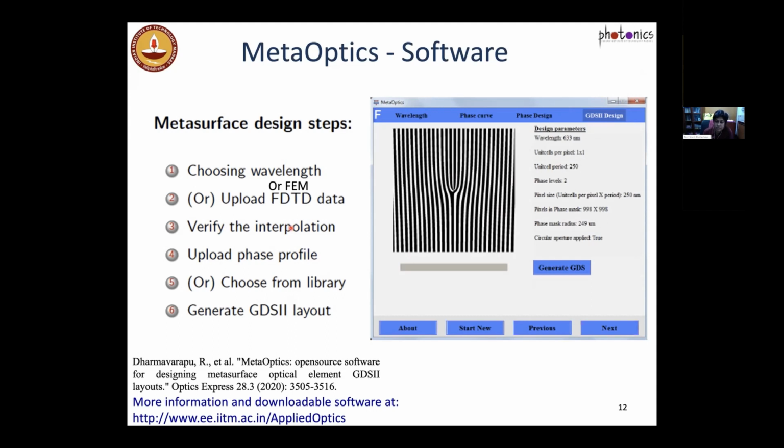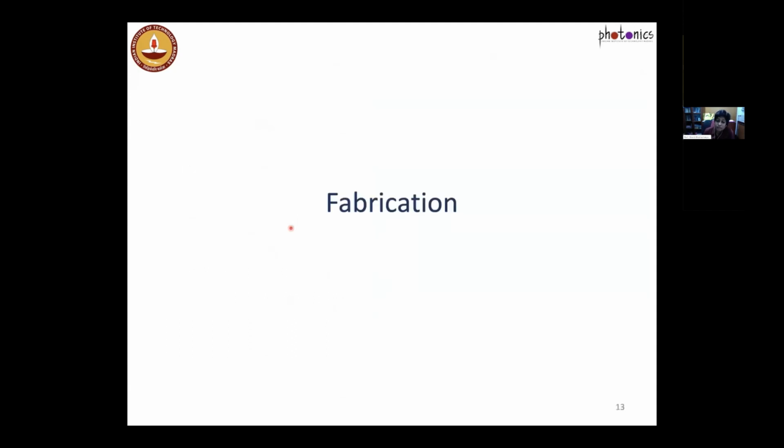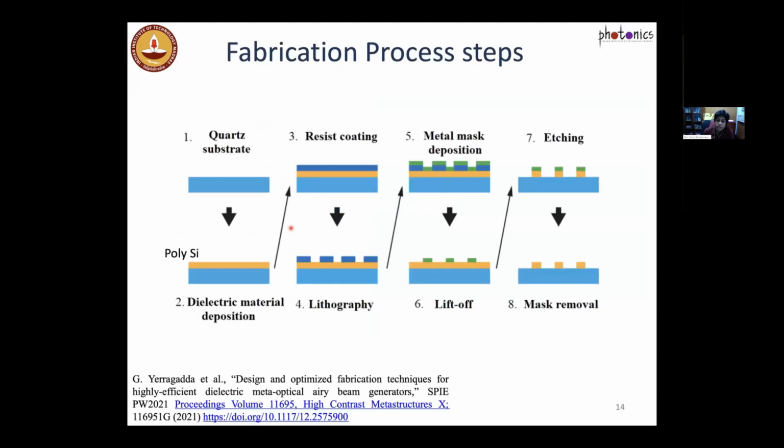So of course, a large part of this work concentrates on the fabrication because there are a lot of challenges there. We have optimized a fabrication process that works well for meta-atoms. Remember, right now I'm only talking about cylindrical meta-atoms. These are polarization independent. You vary the size, the diameter of these atoms, to get the different phase levels.